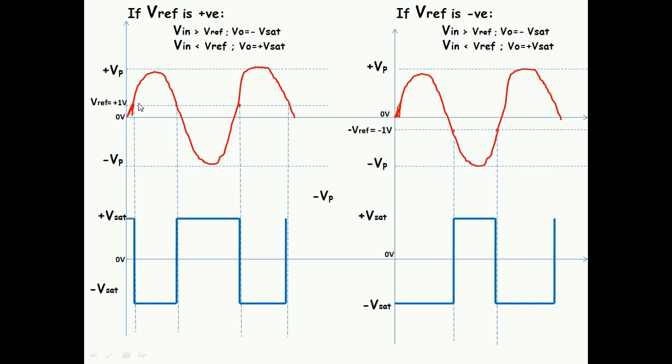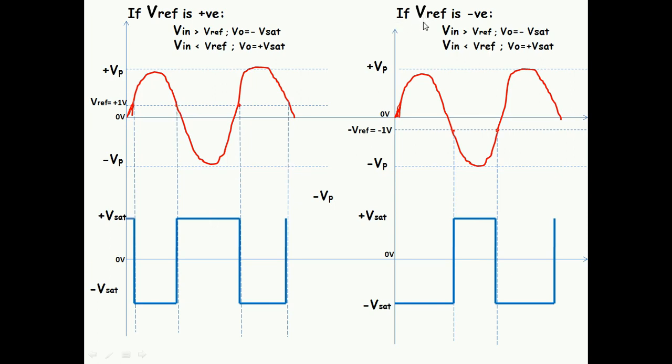When it becomes equal to V reference, it switches its state from one to another. Here previously it is plus V sat, and it is switching to minus V sat. Now when Vin is greater than V reference, since it is connected to the negative terminal, the output voltage is minus V saturation till it becomes equal to V reference, and so on it continues.